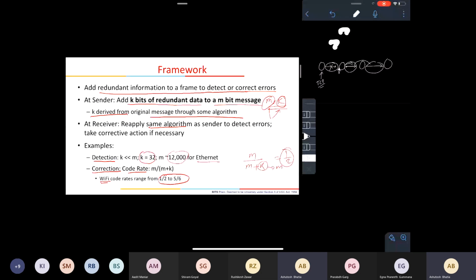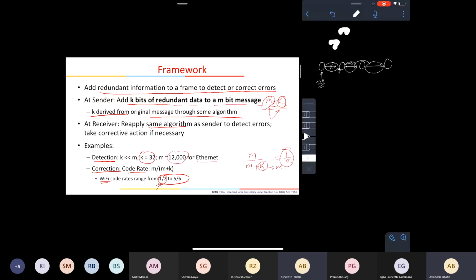If you remember, I said that when Wi-Fi scans and a Wi-Fi hotspot is running, at that time itself it makes an estimation of the error and the interference in the environment. According to that, it sets its code rate. Now, if its code rate is 1/2, you can always think that the actual bandwidth you are going to get is very less. Correct? So that is what it is.